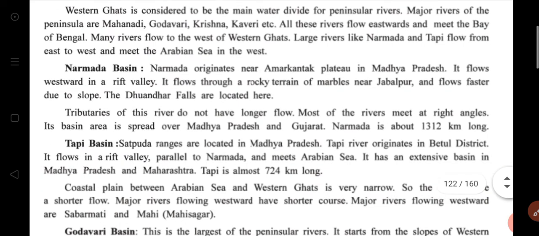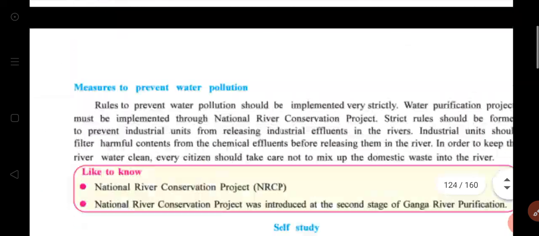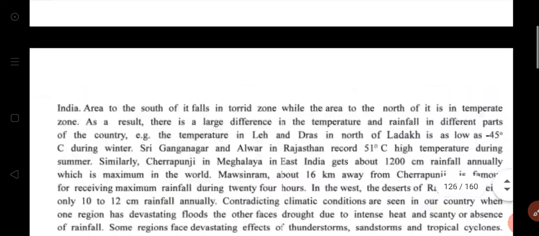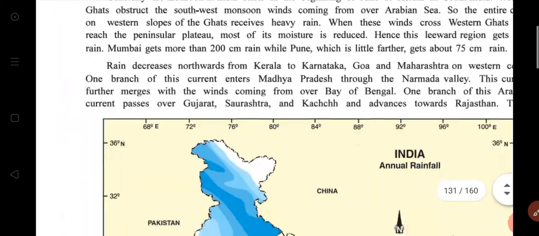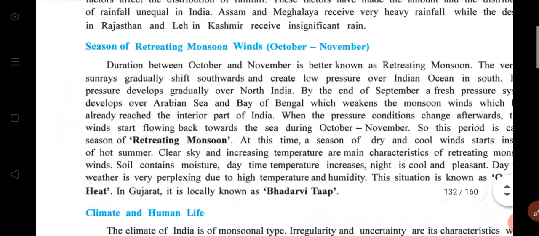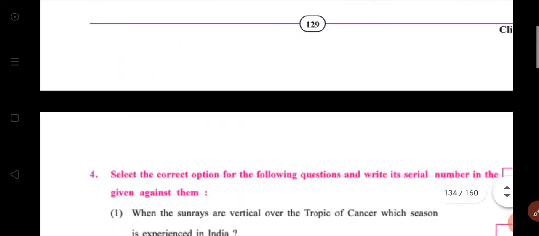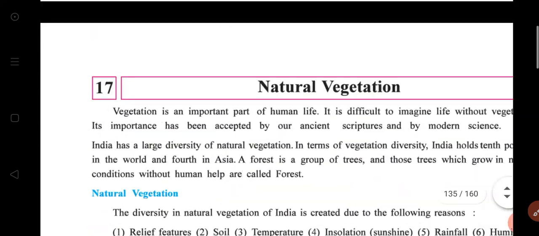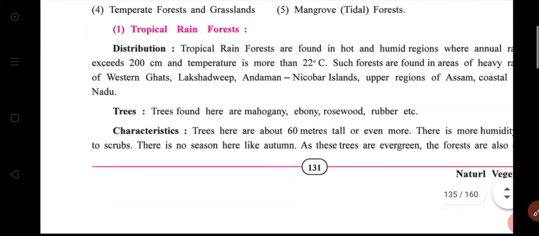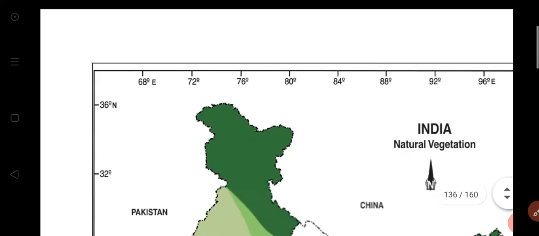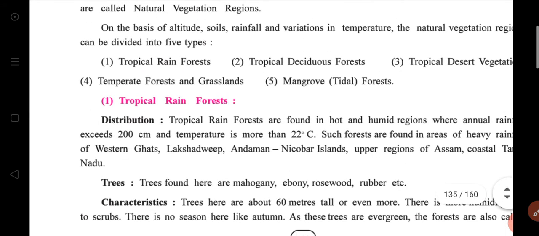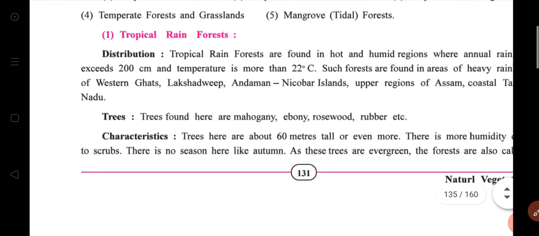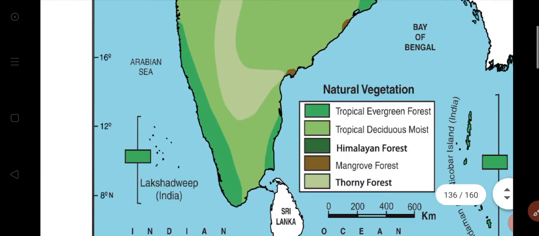So now we take the important questions of chapter number 17. Okay, page number 131. Chapter started. Okay, good. So come to the exercise.